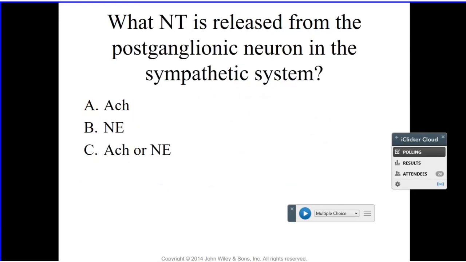Okay, here's another one. Okay, missing 4 people.